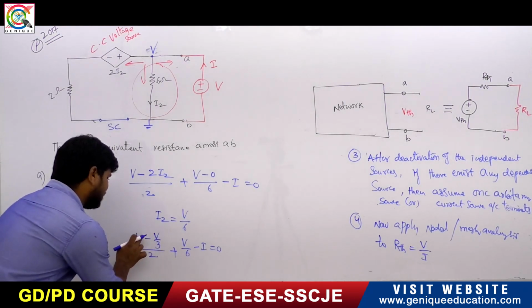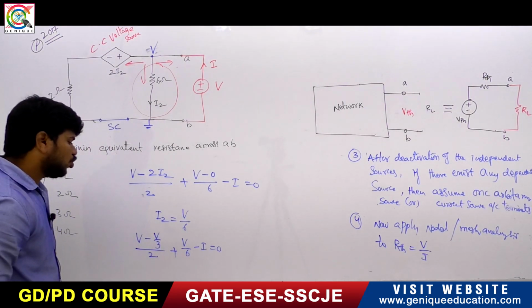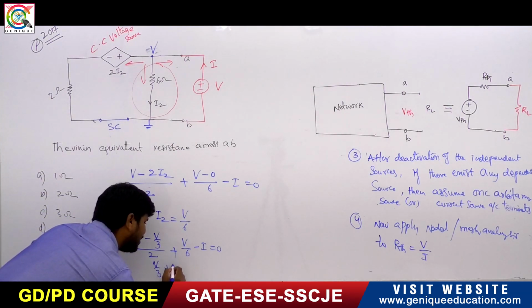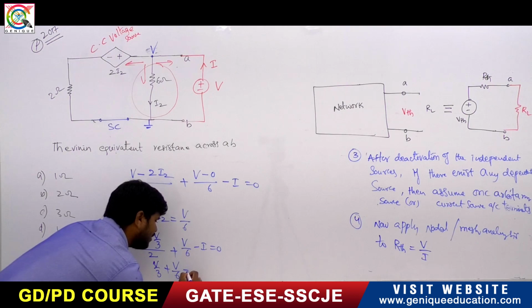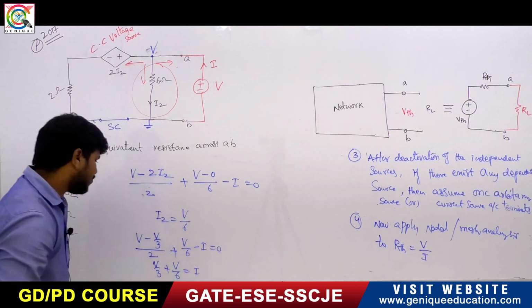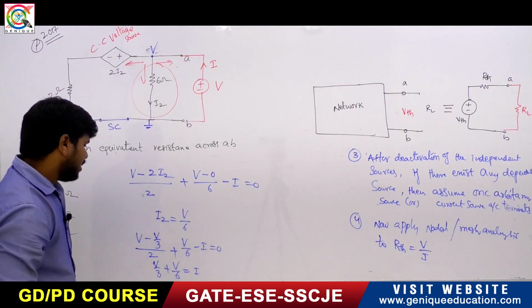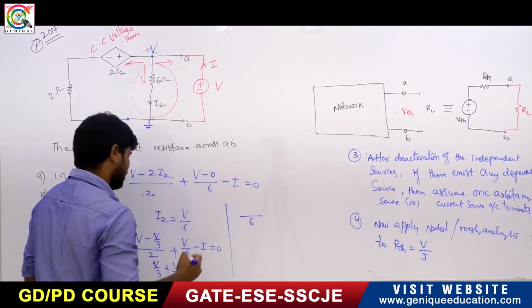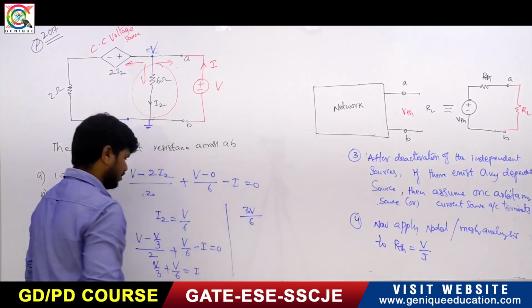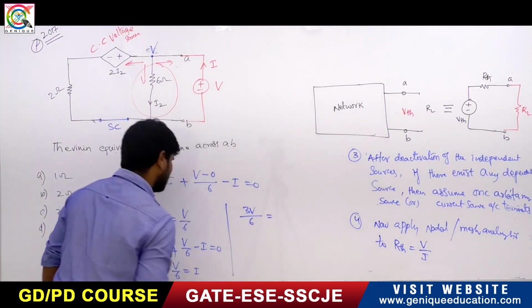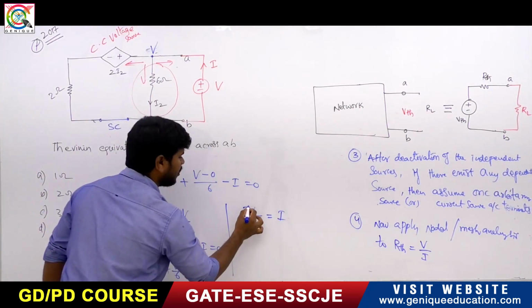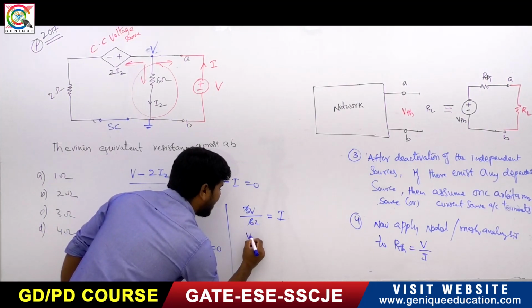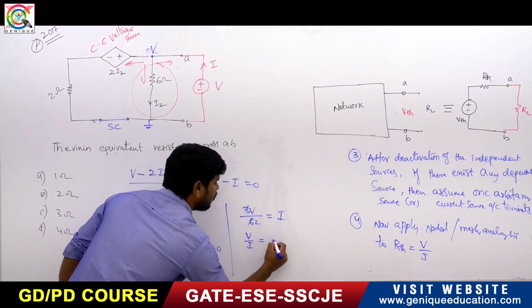It is 3V by 6 is equal to I. So from this, V by I is equal to 2.